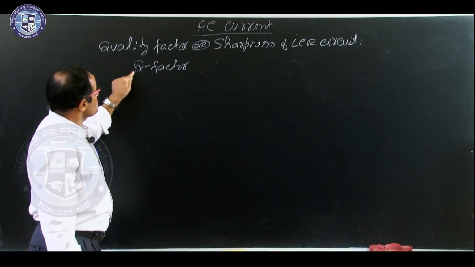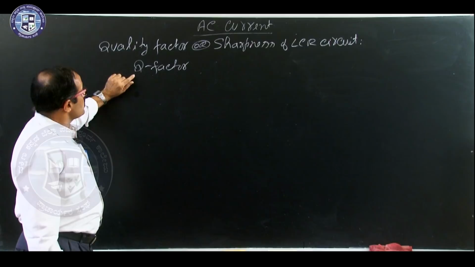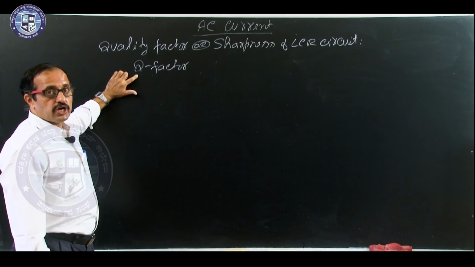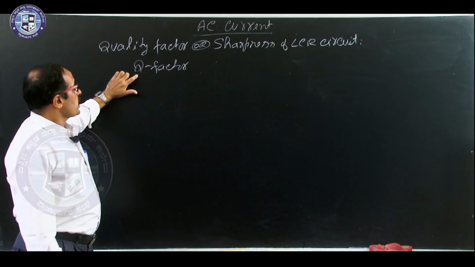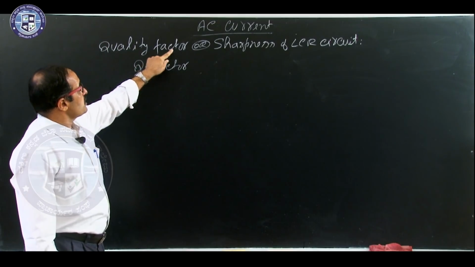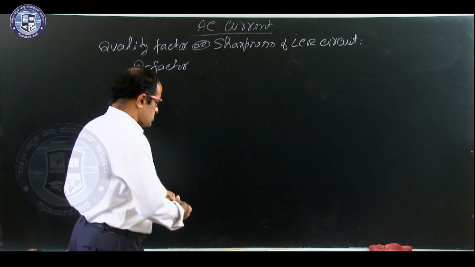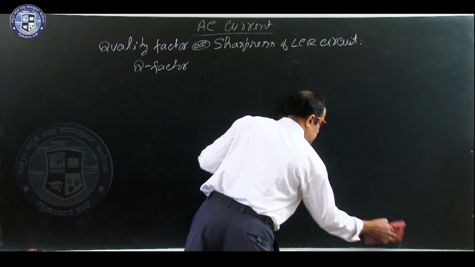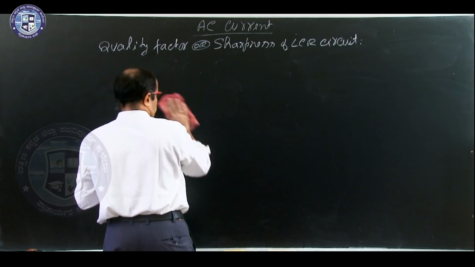And be careful, Q here is not the symbol for charge. So in exams, Q factor may come, quality factor may come, sharpness of the LCR circuit. Now, we try to understand what this is.